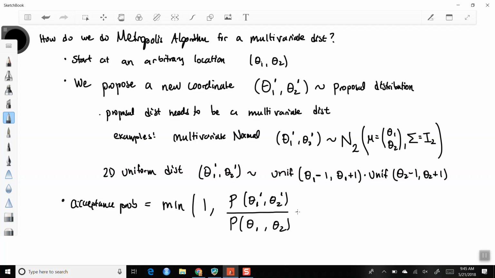Exactly, right? And then, if it's Metropolis-Hastings, maybe you have the ratio for the proposal imbalance to offset that.